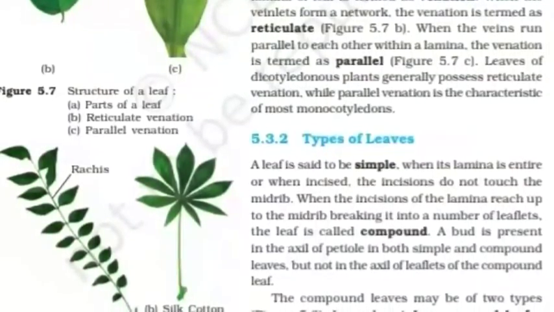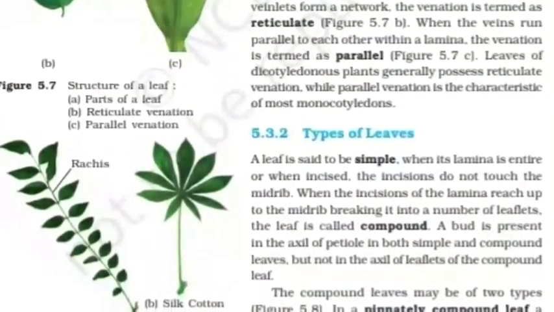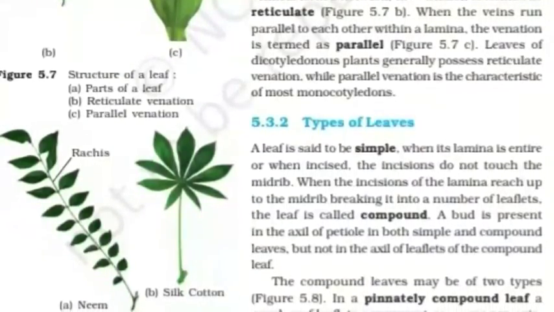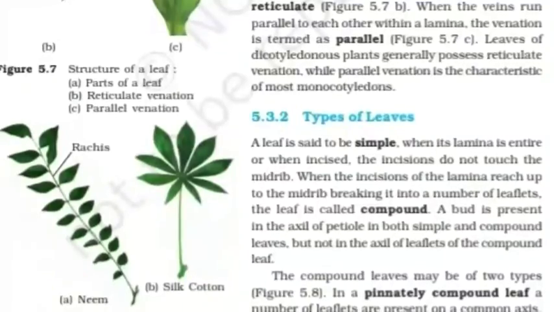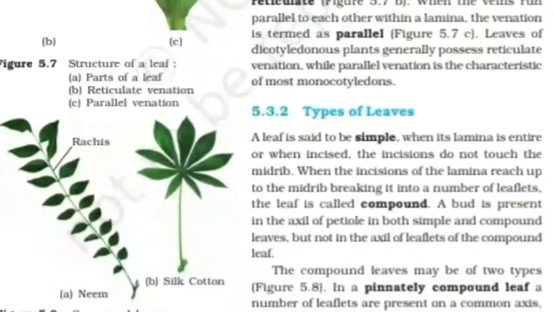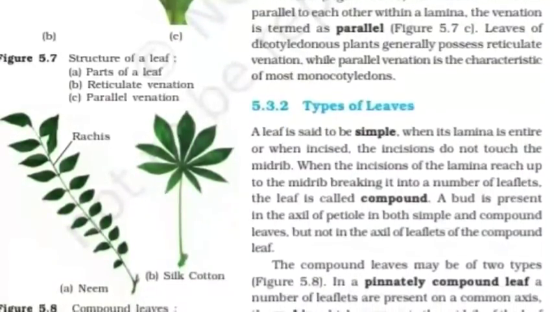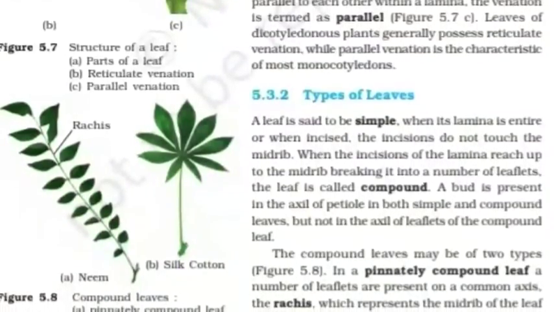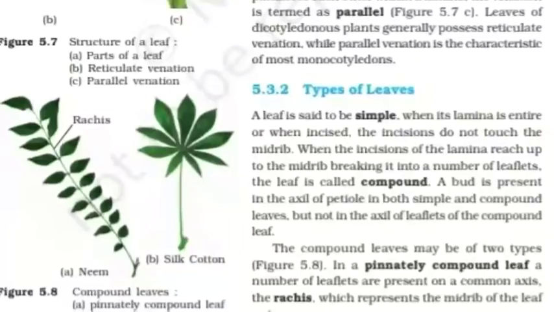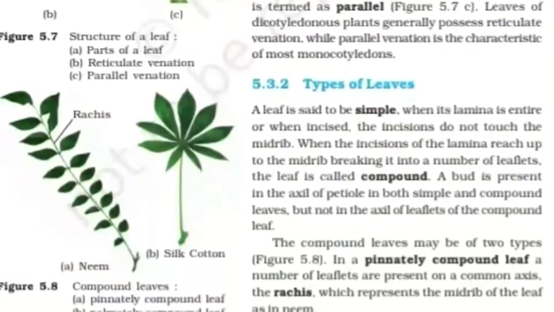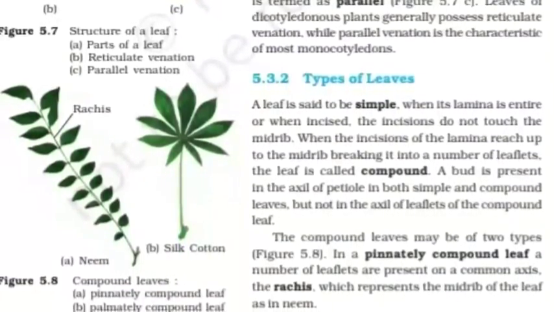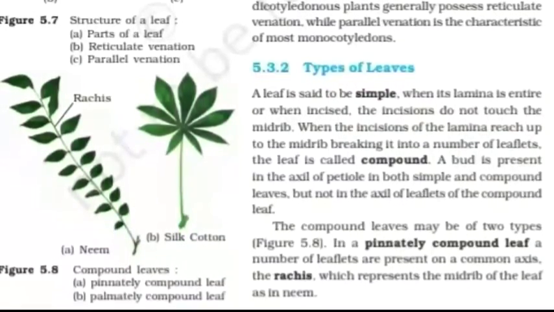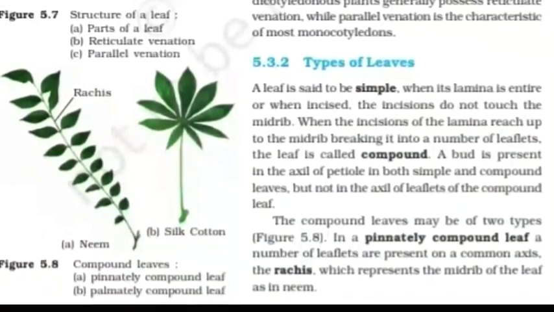When the incision of lamina reaches up to the midrib, breaking it into a number of leaflets, the leaf is called compound. A bud is present in the axil of petiole in both simple and compound leaves, but not in the axil of leaflets of the compound leaf.